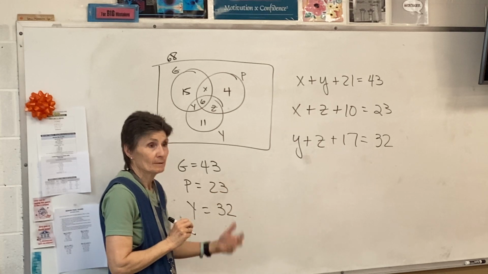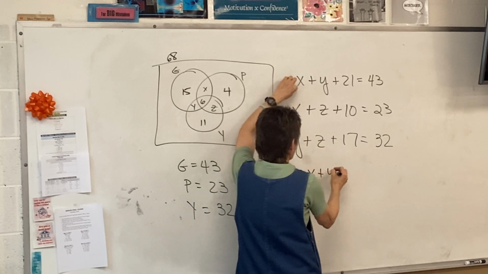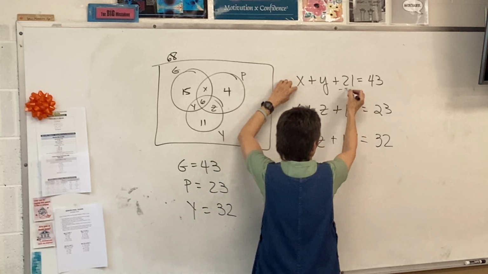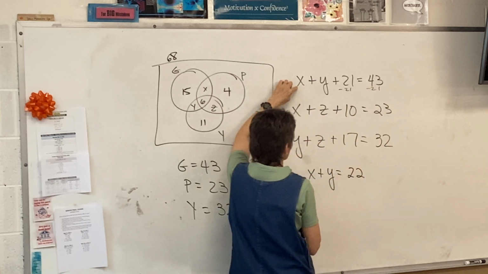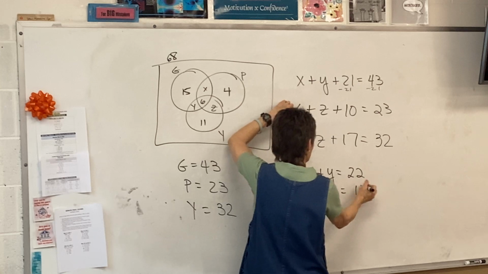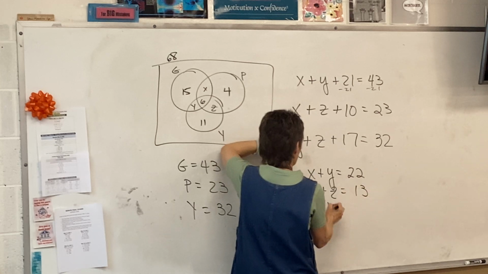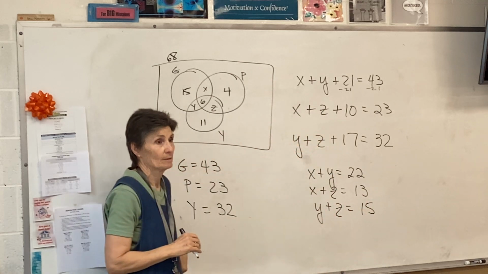Everybody with me? Now let's clean these up a little bit. X plus Y equals, let's subtract 21, 22. And X plus Z is 13. And Y plus Z is 15. Everybody's still with me now?